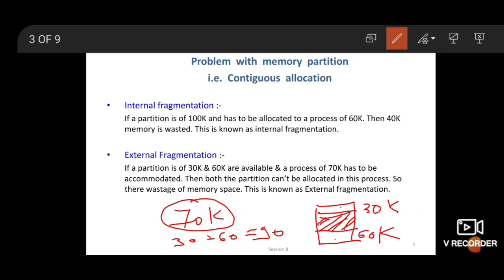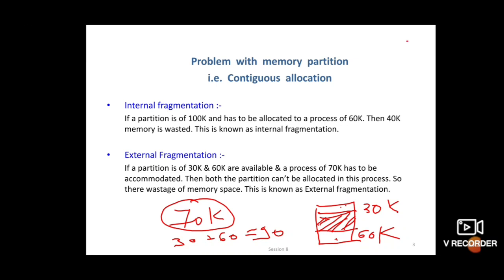Why? Because spanning is not allowed in contiguous memory allocation. So both memory spaces are wasted in variable partition. This is called external fragmentation. Understood students? Internal fragmentation occurs in fixed partition and external fragmentation occurs in variable partition.